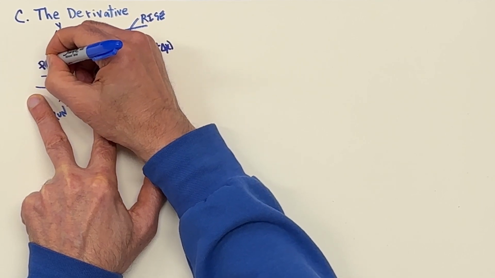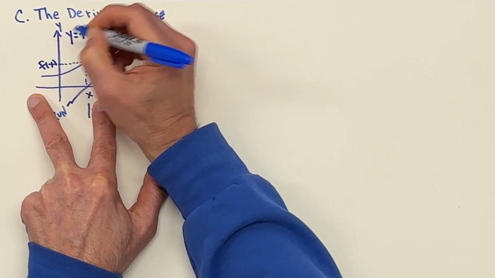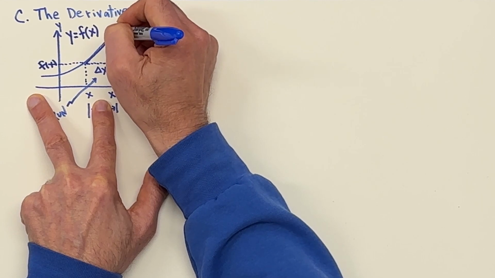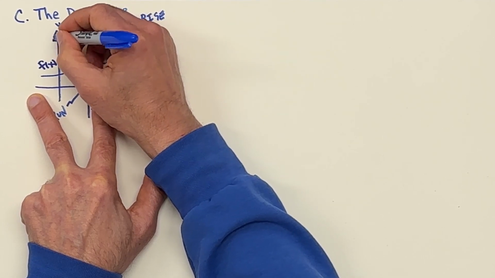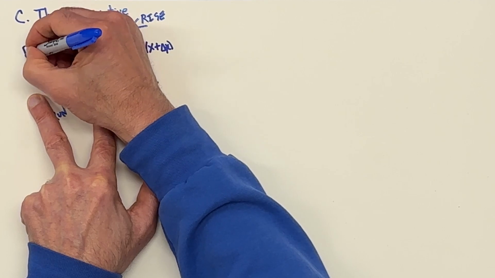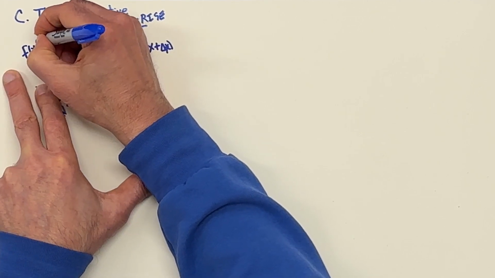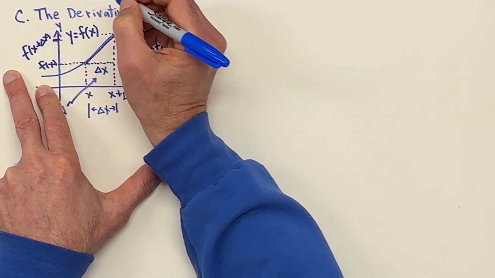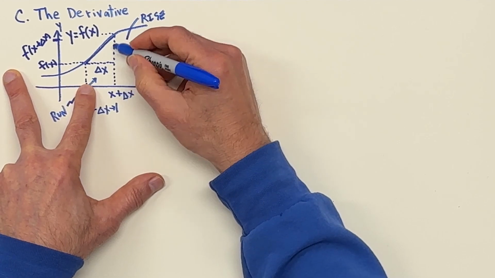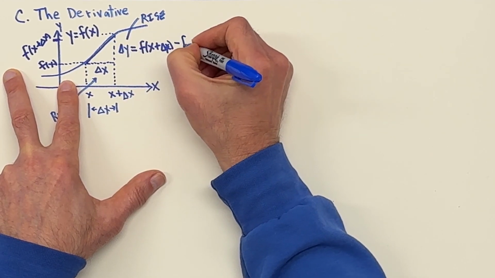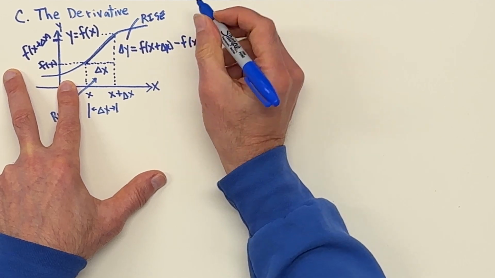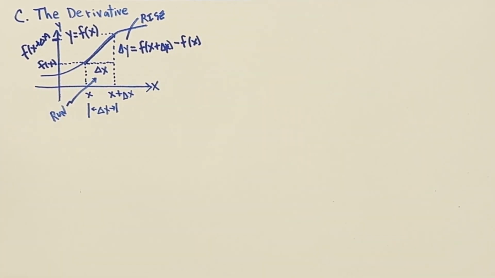So f of x is right here, and if we were to do dot, dot, dot like that, then this one up at this height is f of x plus delta x. So we want to take that tall height and subtract the lower one, and that'll give you the change in the elevation.